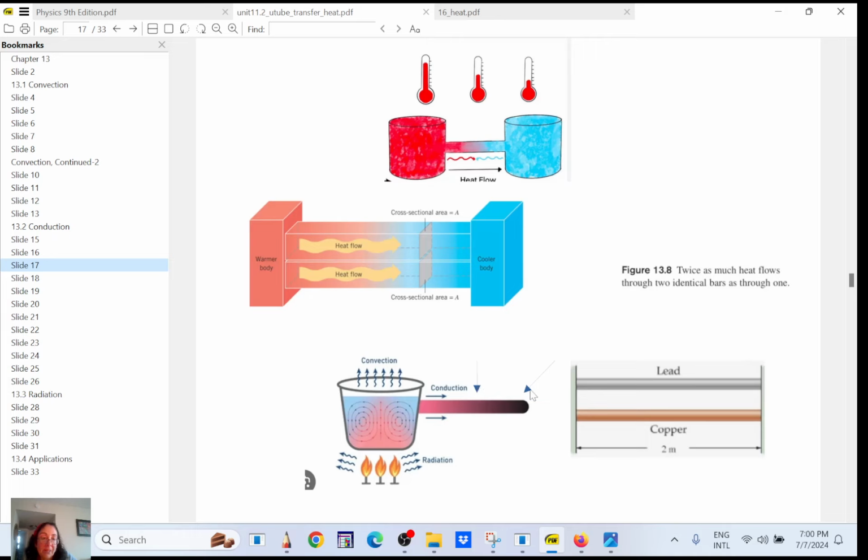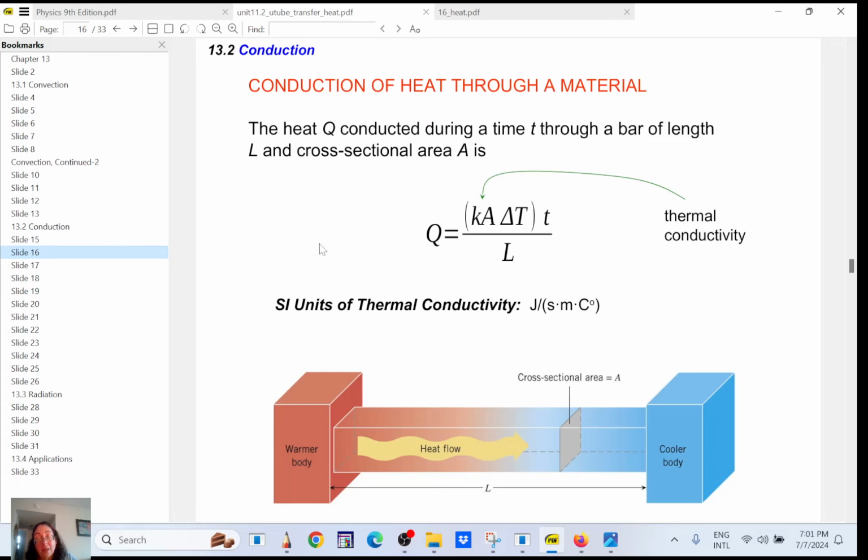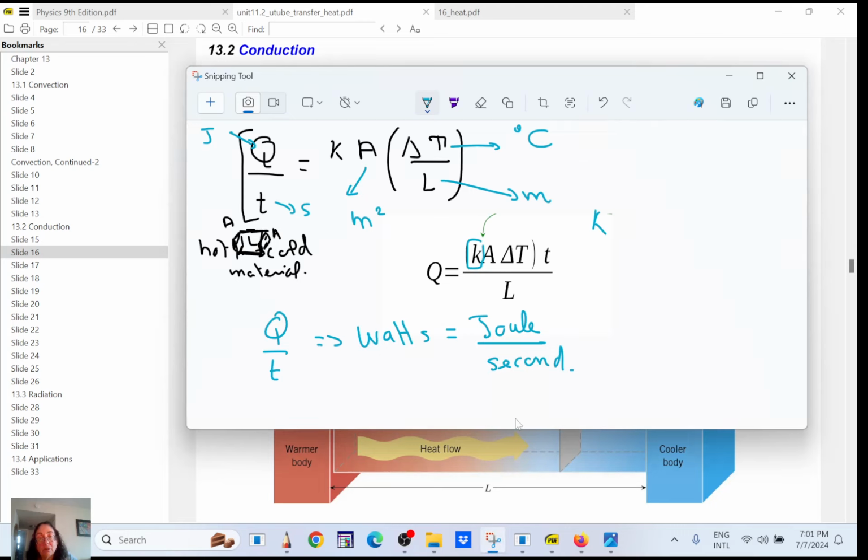If you multiply the length by 2, of course it's going to take more time to get to your hand, so the rate will be smaller. So for the same gradient, it is inversely proportional to the length, even though I like to write it this way.